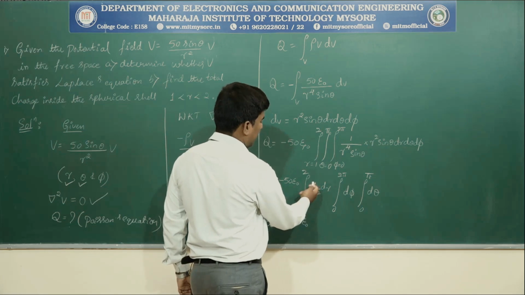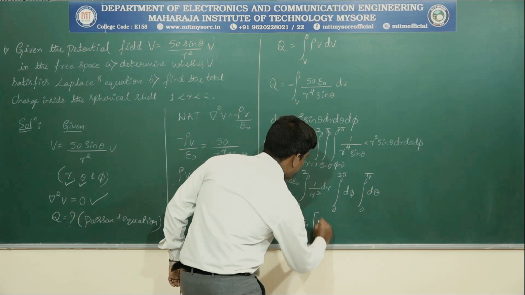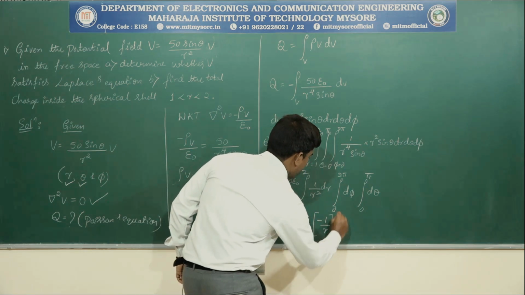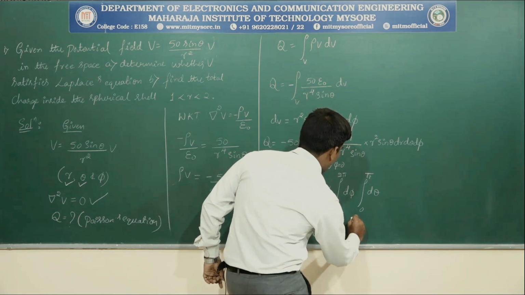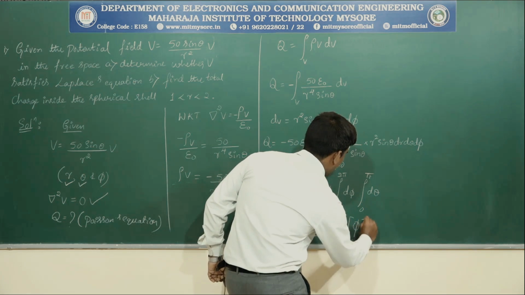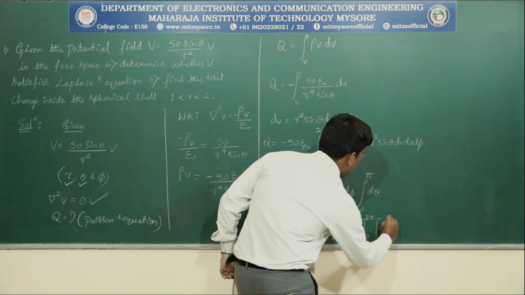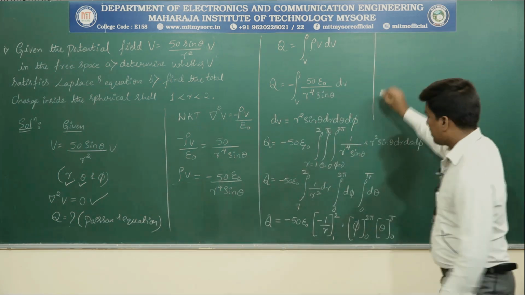So what is the integration of 1 by r square? Minus 1 by r, that is minus 1 by r from 1 to 2 into phi from 0 to 2 pi, theta from 0 to pi. What is the resultant?